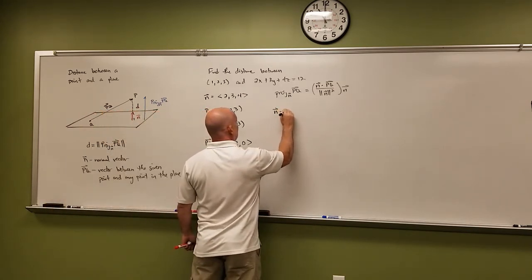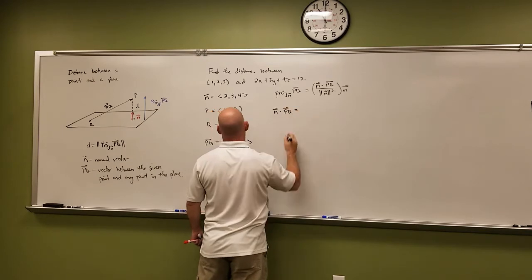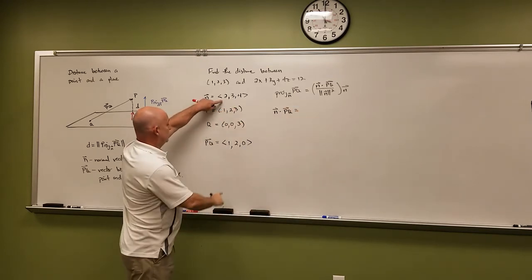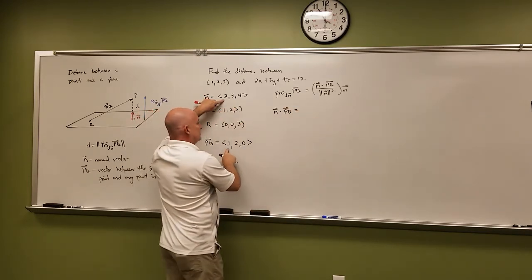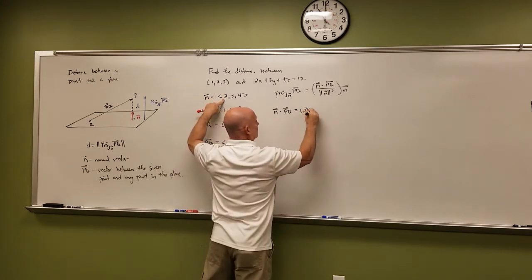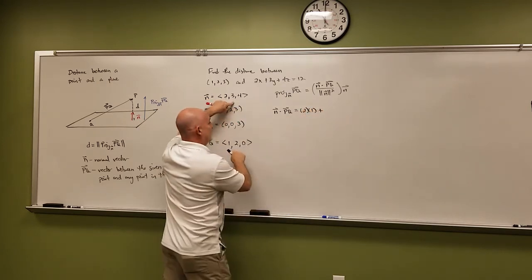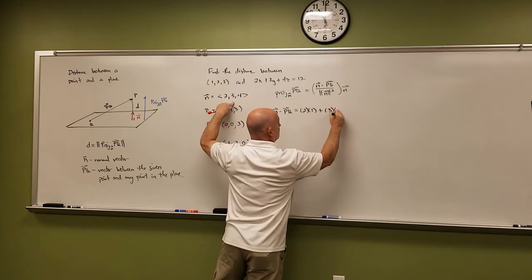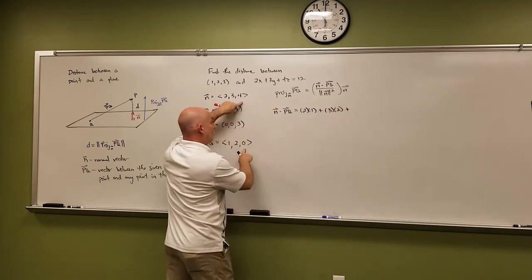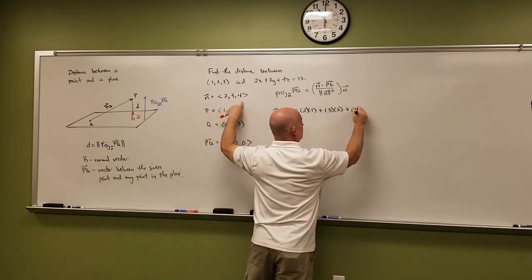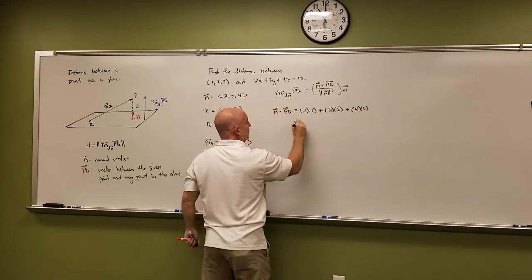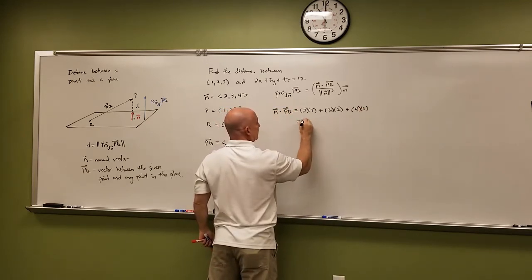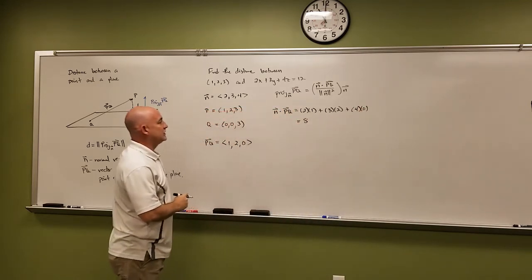So N dot PQ. So I'm doing this dotted with this. That's 2 times 1 plus 3 times 2 plus 4 times 0. All right, so that's 2, 6, and 0. So N dot PQ is 8.